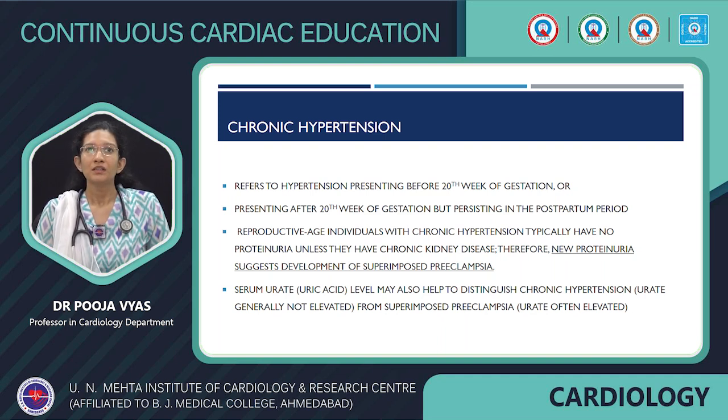Chronic hypertensive patients usually don't have proteinuria unless they have chronic kidney disease, and therefore new onset of proteinuria suggests the development of superimposed preeclampsia in these cases. We can also differentiate with serum urate level. If we want to distinguish between chronic hypertension and superimposed preeclampsia, in chronic hypertension there won't be urate elevation, while in superimposed preeclampsia we will find urate levels often elevated.